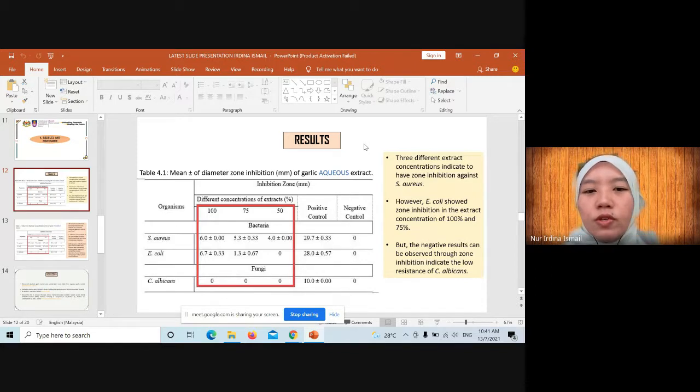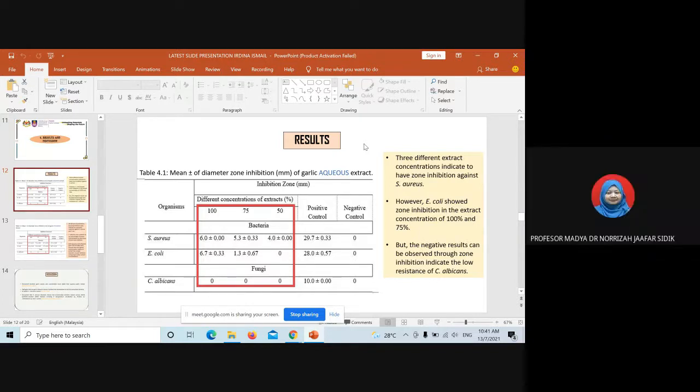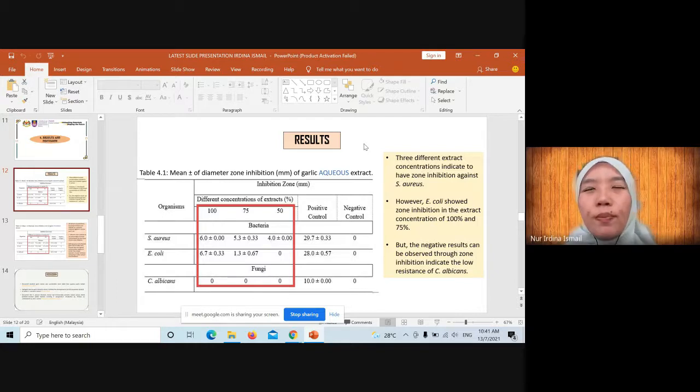So I would answer that the positive control is much better to see the diameter zone inhibition. The positive control is much better because of the technique, or how? Maybe because of the concentration of the antibiotic itself.